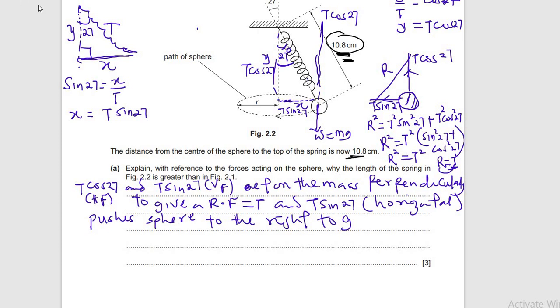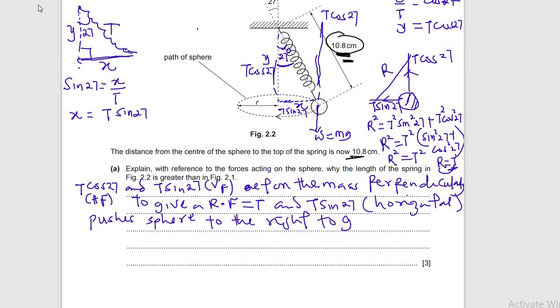We need to analyze it properly. T sine 27 pushes the sphere to the right, which provides the centripetal acceleration.